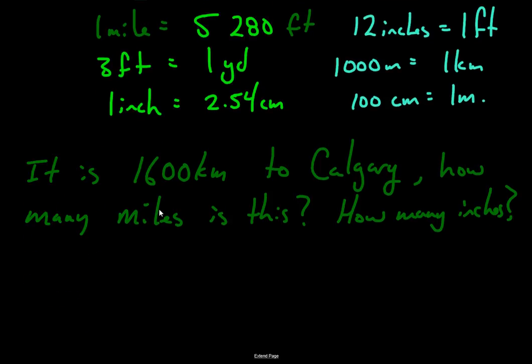Let's think about the reasoning here. Now, you're not going to need everything you're given, but essentially, this is how I would think about this. I'd start with my 1,600 kilometers, and I'd think, okay, I probably want to go to meters first. And then I want to take those meters and go to centimeters.